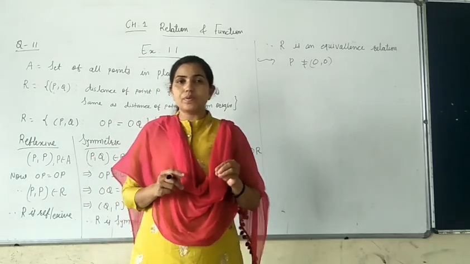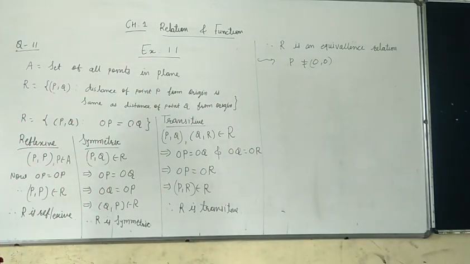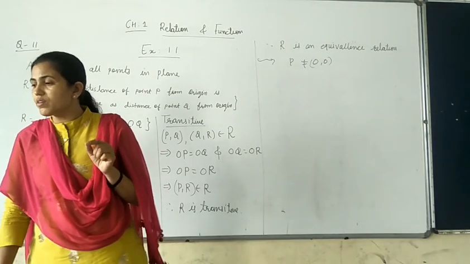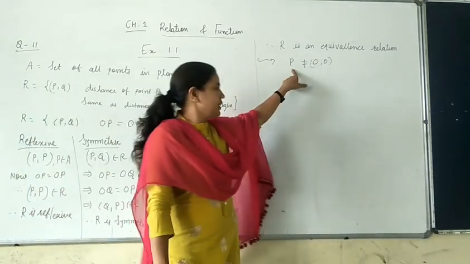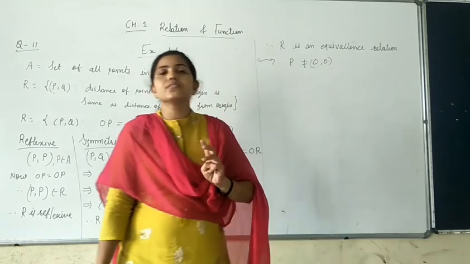Again, the question I am repeating: show that all the points related to the point P which is not equal to (0, 0) form the circle that passes through the point P and is centered at the origin.